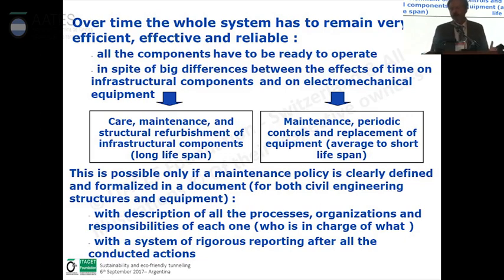It must be combined, but these are different approaches. So this is possible only if a maintenance policy is clearly defined and formalized in a document for both civil engineering structures and equipment. And this document must describe all the processes, organizations, and responsibility.